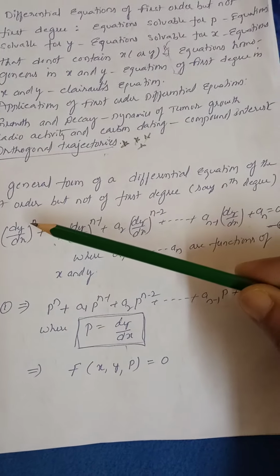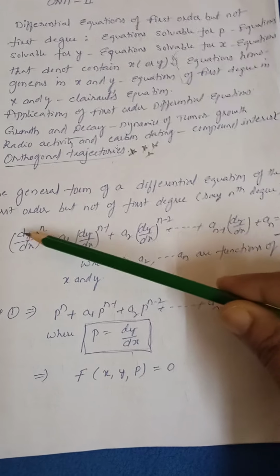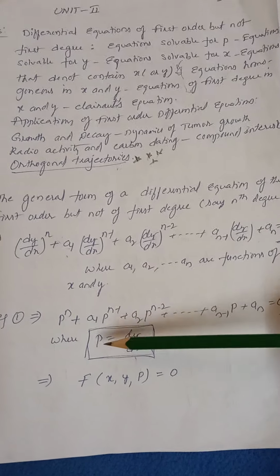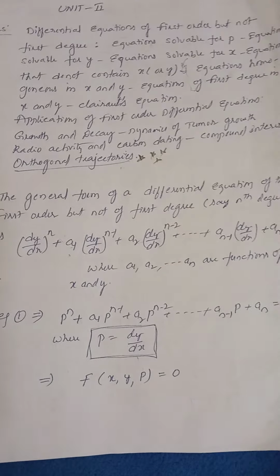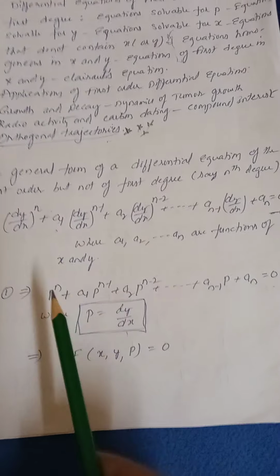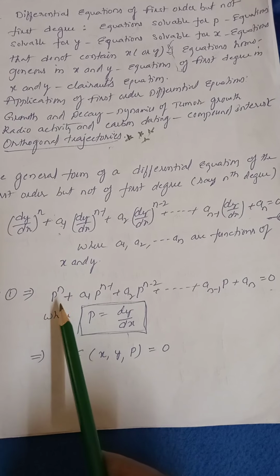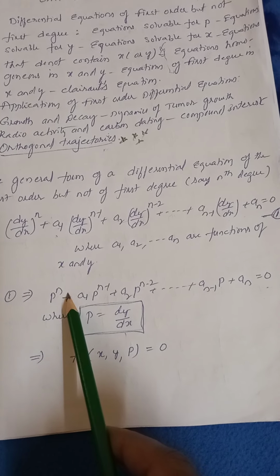That means in the place of dy by dx I am replacing it by p, where p is equal to dy by dx. Now this is a polynomial in p of degree n, right?